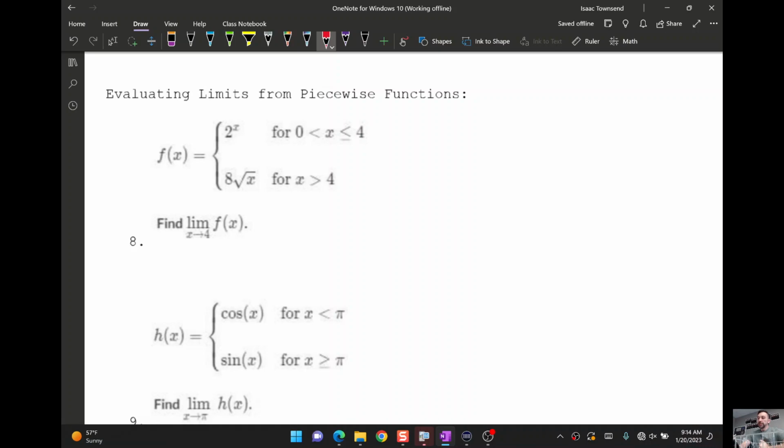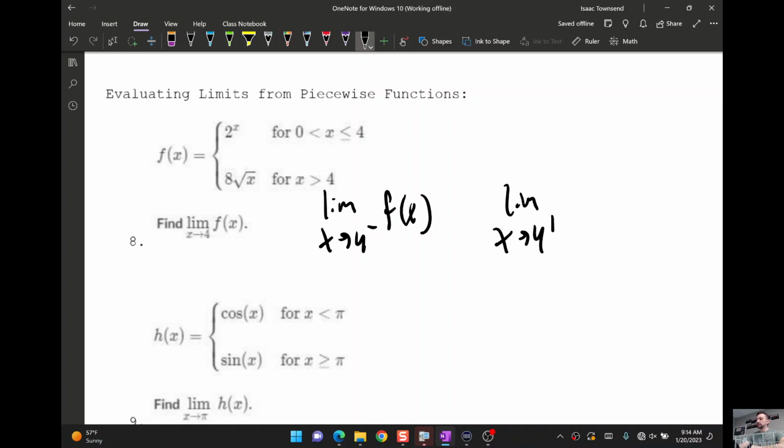So in question 8, sometimes your equation's y equals 2 to the x, but only if x is between 0 and 4. Sometimes your equation's y equals 8 square root of x, but only when x is greater than 4. So for us to answer something like what's the limit as x approaches 4, you don't have to write this down each time, but you probably should write it down on the first one or two.